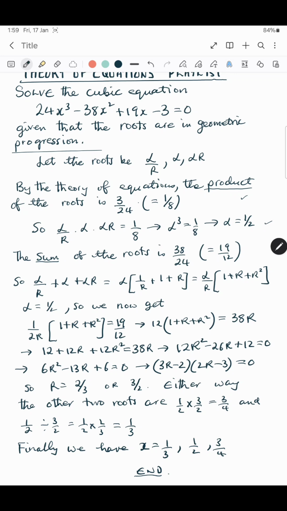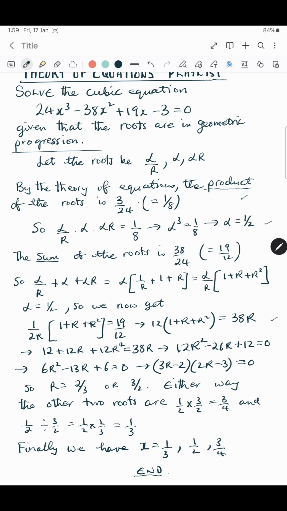And that leads us on to 12 times 1 plus r squared equals 38r. And then simplifying from there, multiplying the brackets out, 12 plus 12r squared is 38r. Bringing everything to one side, we get 12r squared minus 26r plus 12 equals 0.